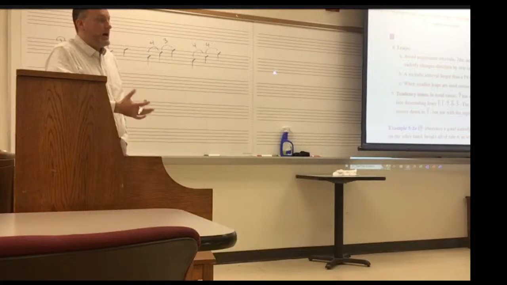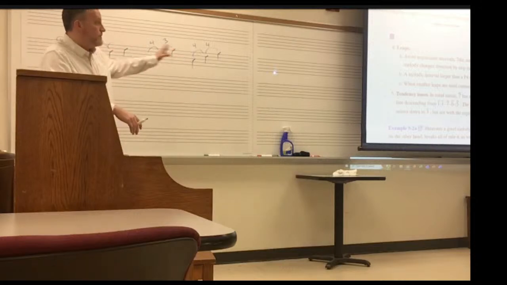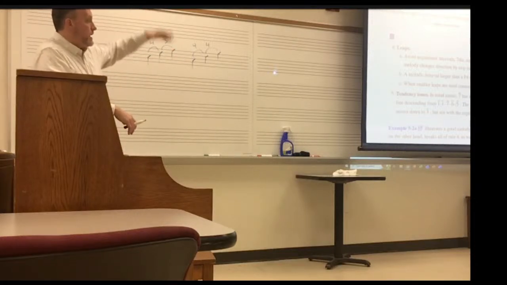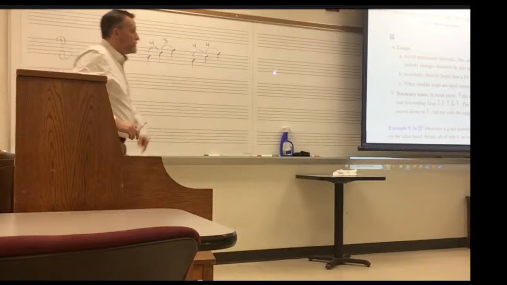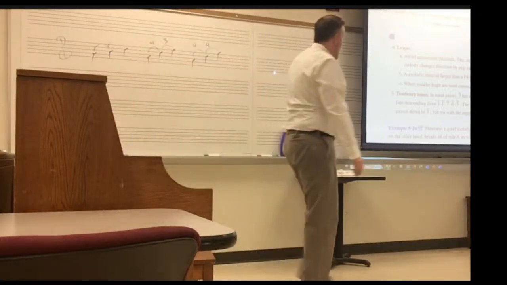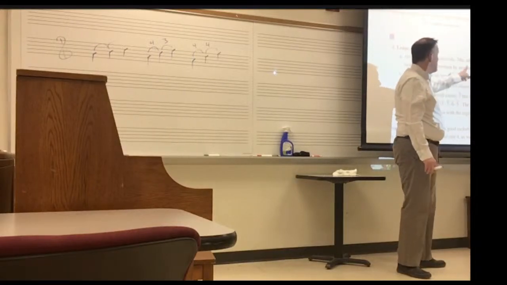And we don't want more than 2 skips in a row because then we're outlining a 7th, and we're not trying to do that. So when smaller leaps, skips, are used consecutively in the same direction, we should outline a triad.